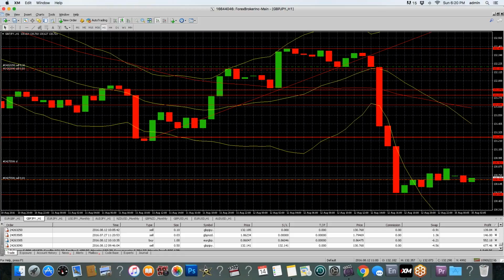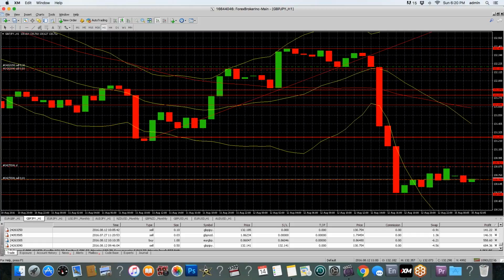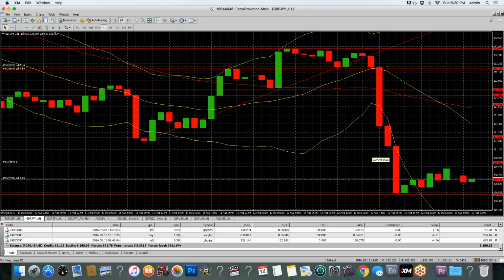Okay, it pops up right here, and the stop loss is right here, and then you can just drag it to wherever eventually. But for now, we'll keep it there. And that's just the reason why I'm not taking a big lot size, is because it's the beginning of the week. So if this has to retrace on this drop that came off last week, let's say it does come up, it might come up to this area.